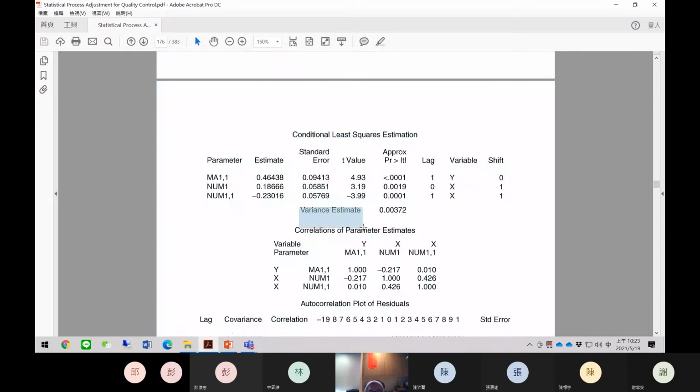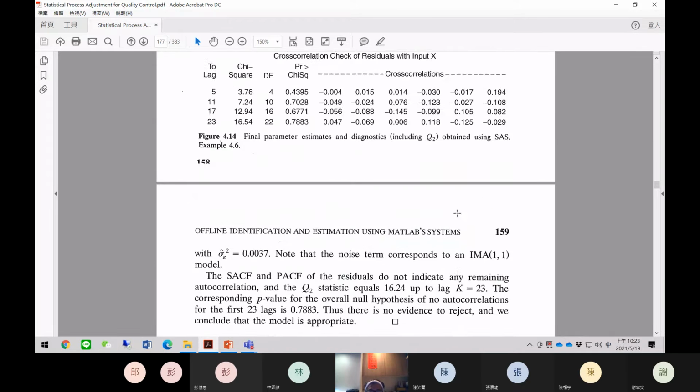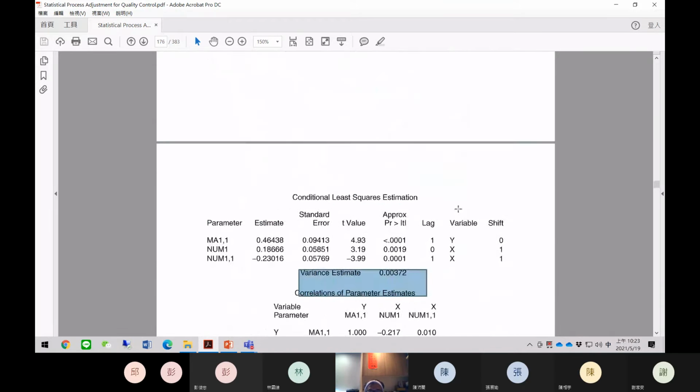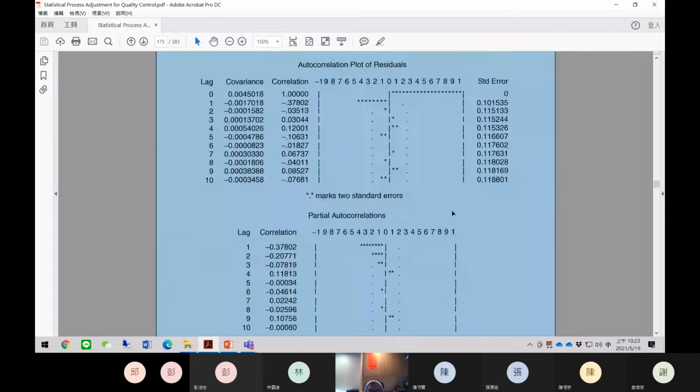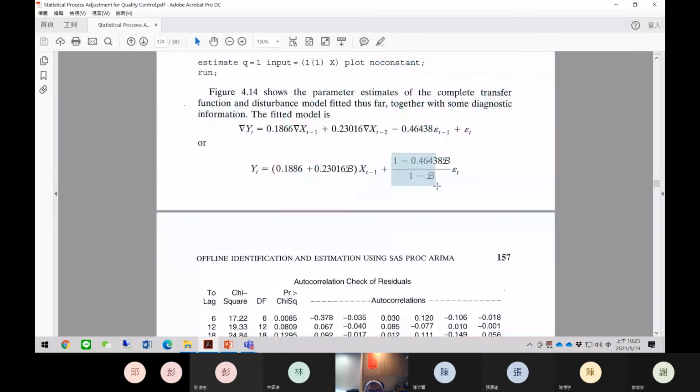Right here, the error variance is 0.00372. Note that the error term is IMA. IMA corresponds to right here. Since the nabla has been divided, moving it to the right-hand side, this is IMA.